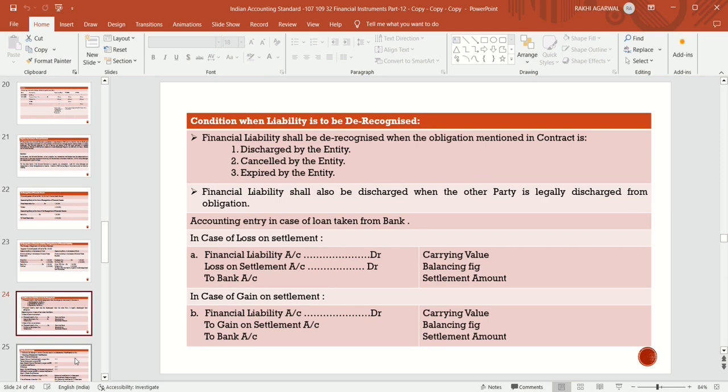Financial liability account debit, that is the carrying value; loss on settlement account debit, that is the balancing figure; to bank account, that is the settlement amount. In case of gain on settlement, financial liability account debit by carrying value, to gain on settlement account, that is the balancing figure, to bank account, that is the settlement amount.